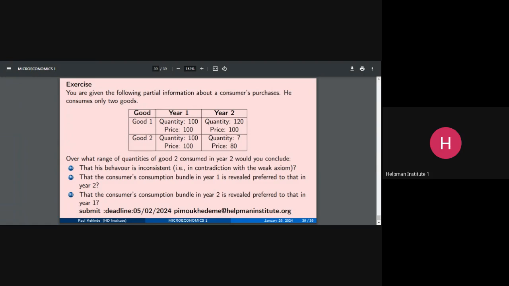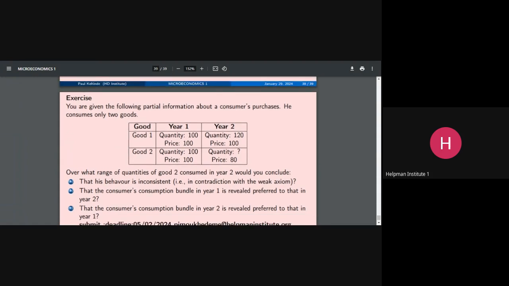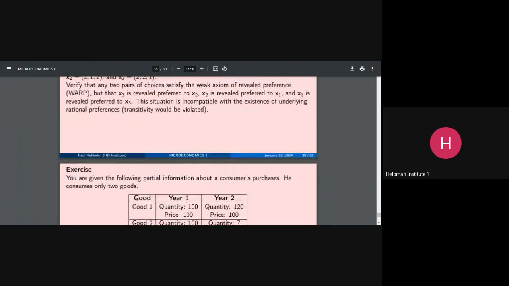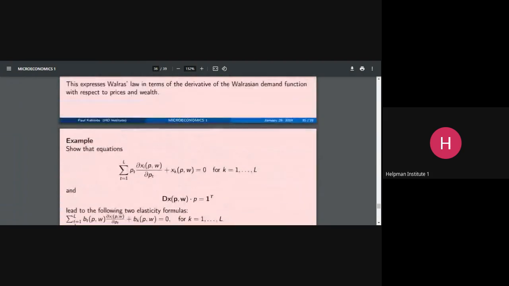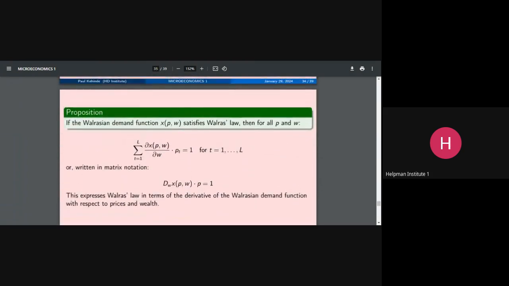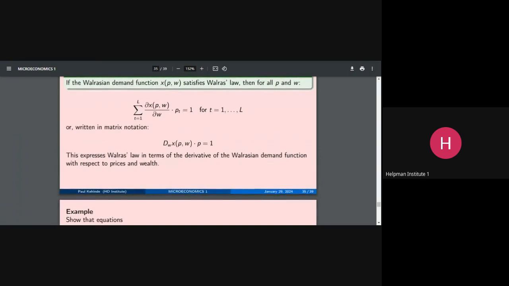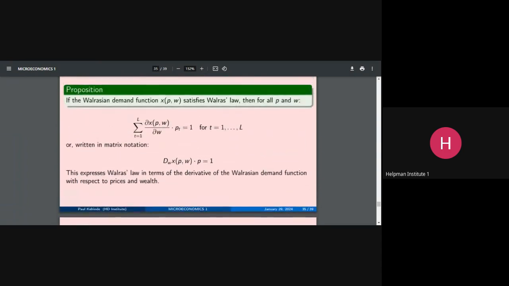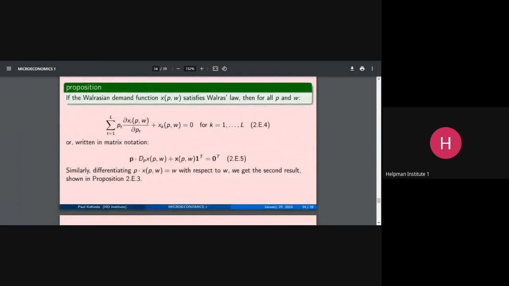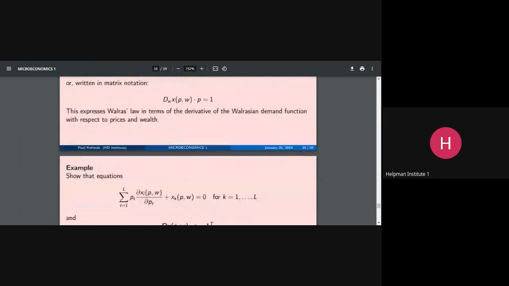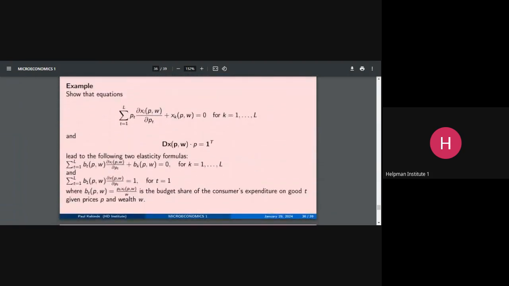You have to find it using the Walras law. It's very simple. So you do this alongside the other proof that we have. You can do both of them together and see what we make out of it. But in the next class, hopefully, I'll bring the correction before we proceed.